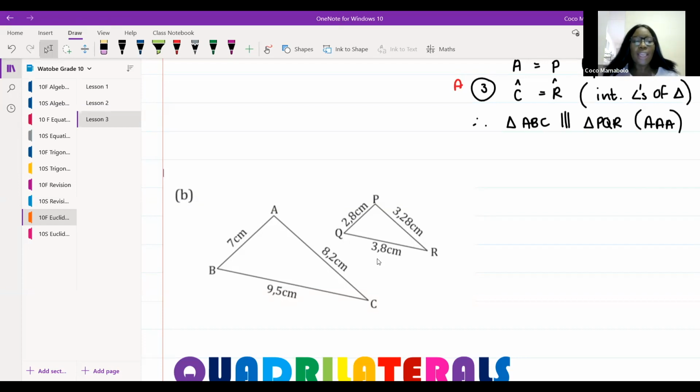No, it's a big no, because they don't give us any of the angles. We don't know which angle is what. But we know that there are 2 ways that we can prove similarity. We can prove that angles are equal, or we can prove that sides are in proportion.